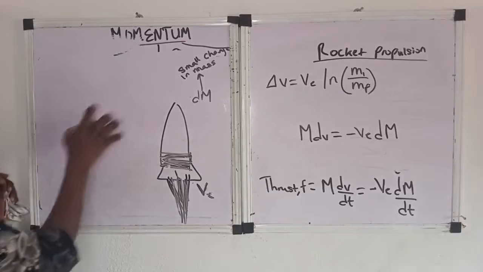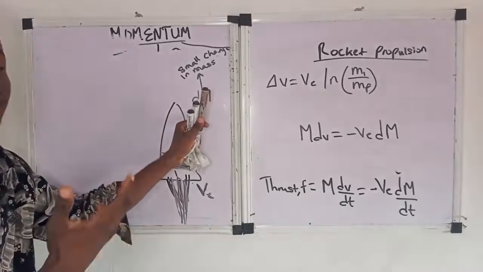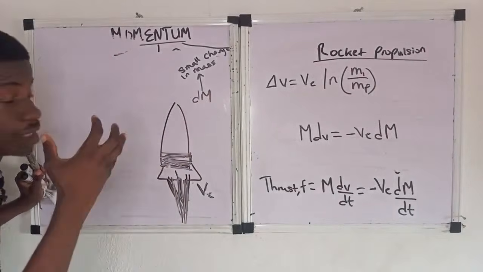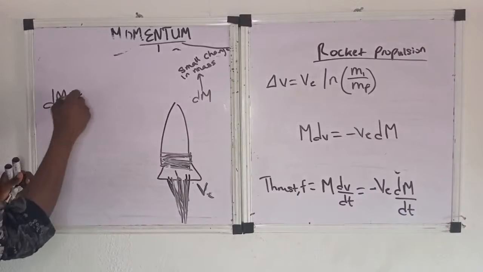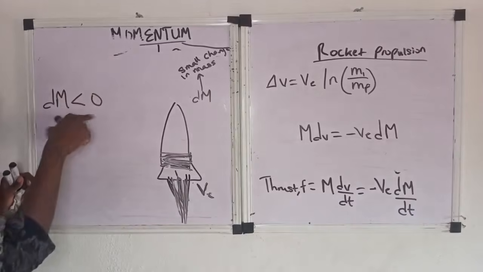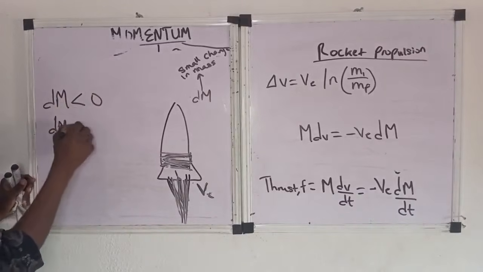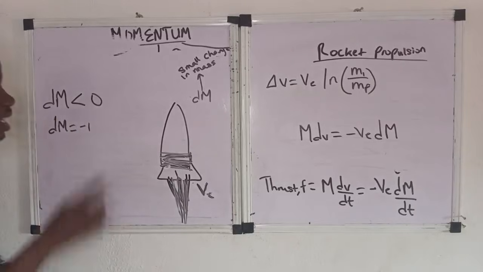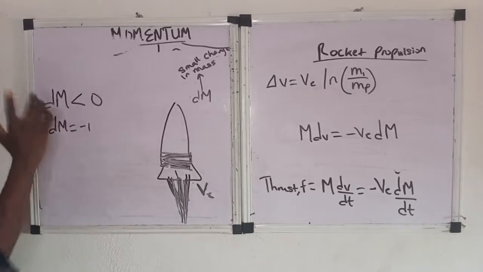Now, when we start burning, dm is negative, very important. dm is negative means that dm is less than zero. That means dm can be -1, -2, -100, as the case may be.